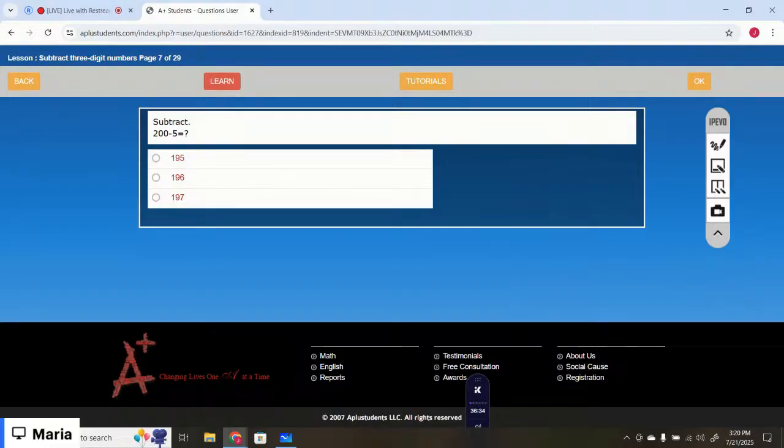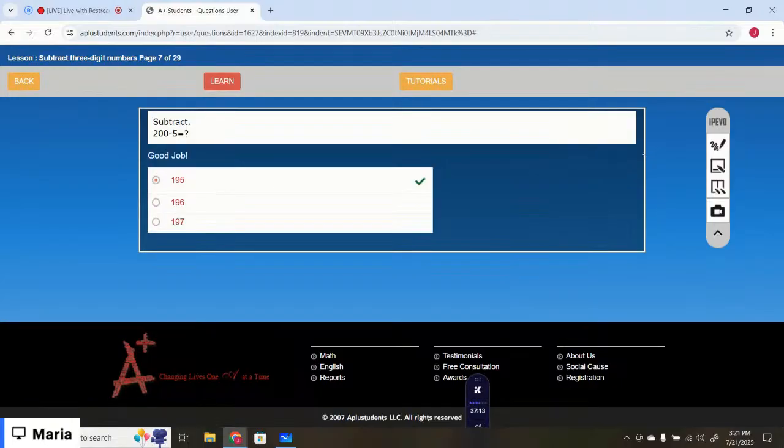200 minus 5, which is the correct option? 195, it is. Option number 1 is the correct option. Okay, you can complete the lesson by yourself later today.